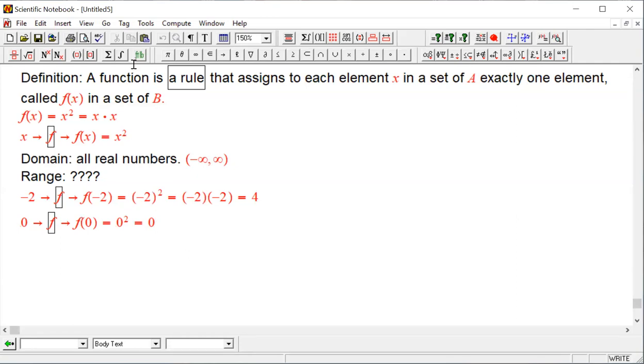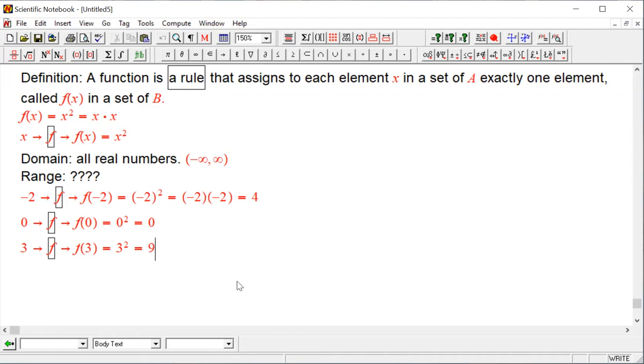Now, what if I have an input, maybe 3? f of 3 equals what? 3 squared. 3 times 3 is 9. If we keep going, we could have many, many points.